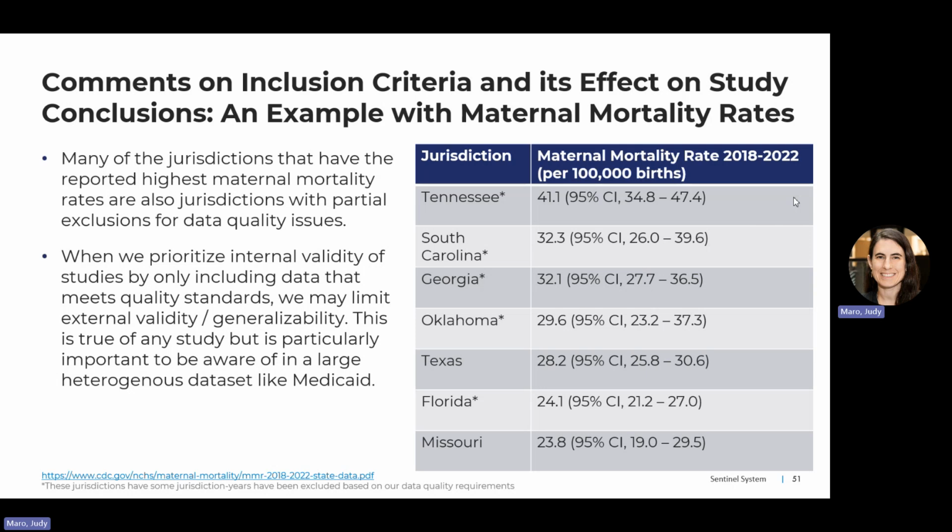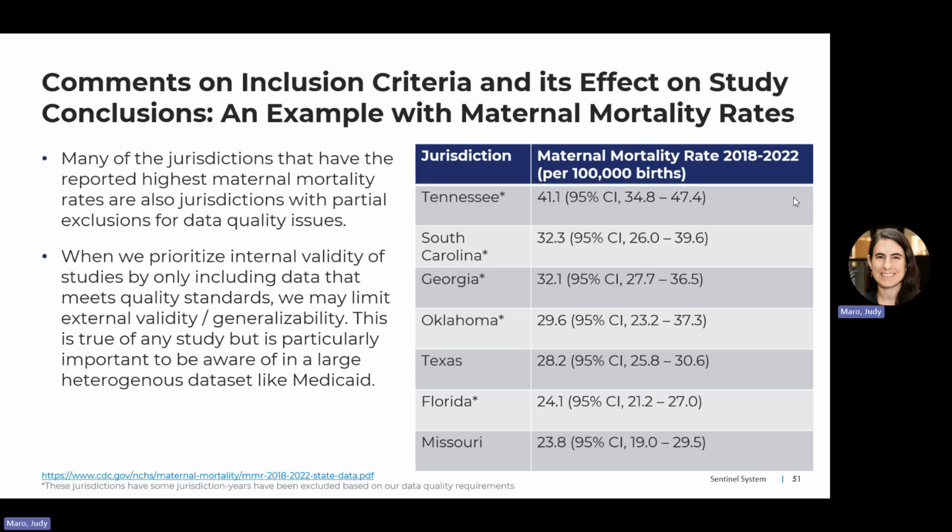So we tend to think first about prioritizing internal validity of studies by only including data that meets our quality standards. But that internal validity prioritization can mean that the conclusions that you might draw from any given study might not be reflective of the whole population out there. It might have more limited generalizability.